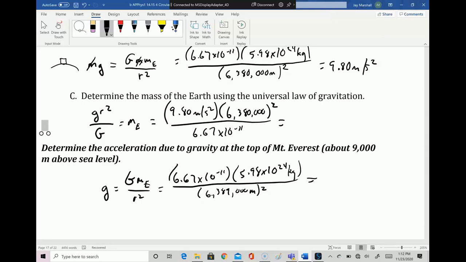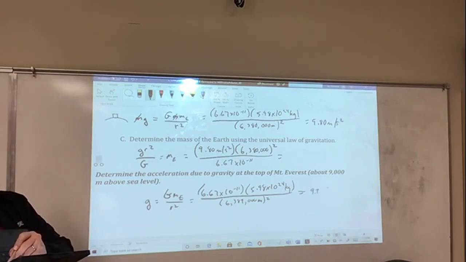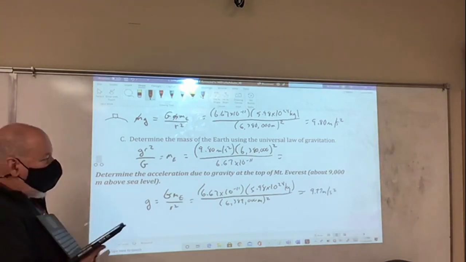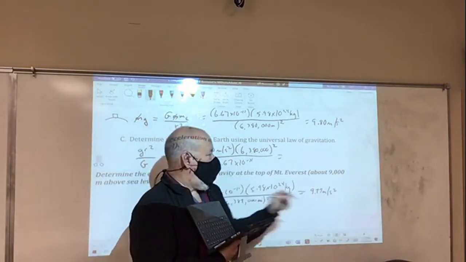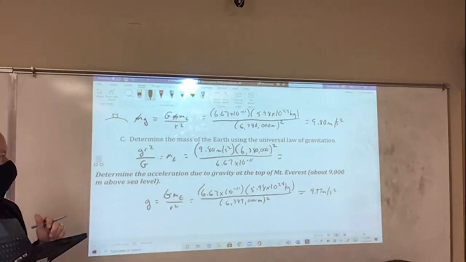So there is a slight difference, isn't there? 9.80 meters per second squared at sea level versus 9.77 meters per second squared at the top of Mount Everest.